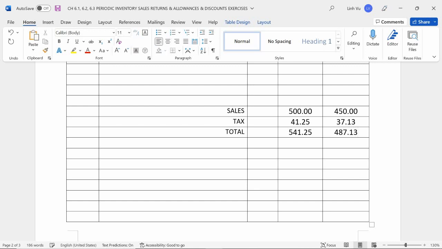Now let's go ahead and look at the difference between these two. The difference between these two is $50. And what's the difference between the taxes? It should be roughly $4. In this case, it's 12 here, but it should be 13 because tax usually goes up. And then that's where we solve for this difference between the two.